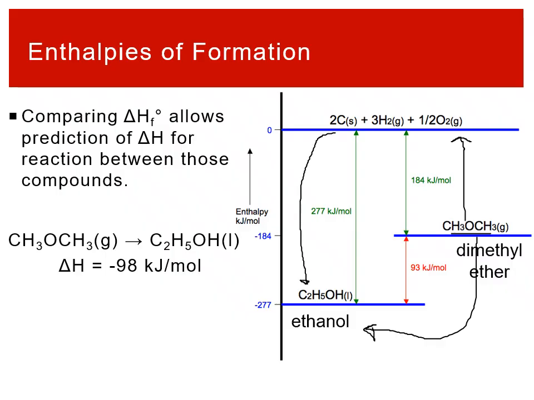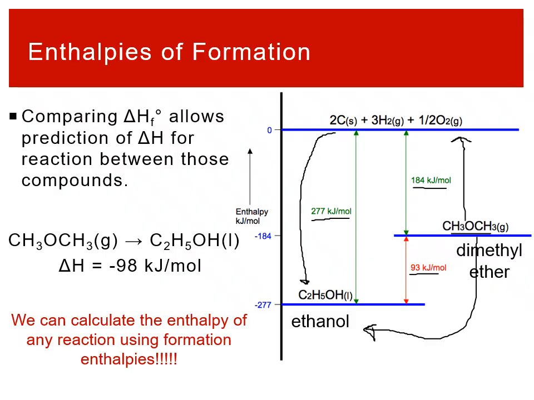The reason we would think about it that way is because these delta HFs are tabulated values. So we could look up those numbers, do some subtraction, and figure out the delta H of the reaction I'm interested in. That's a really useful tool that lets me make predictions about delta H for any reaction with these tabulated delta HFs. And that's super powerful.